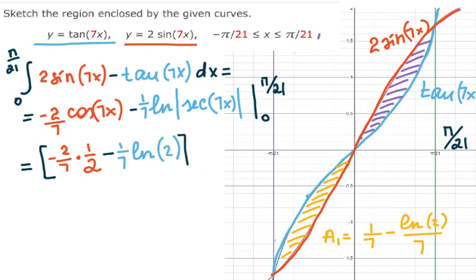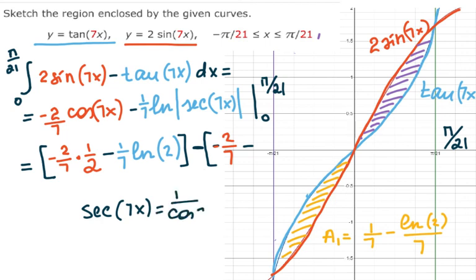And then for the second, for 0, if I plug in 0, I will have cosine of 0 is going to be a 1, so I only have negative 2 over 7 times 1. And then minus, I will have 1 over 7 natural logarithm. And again, the secant of 7x is the same as 1 over cosine of 7x.